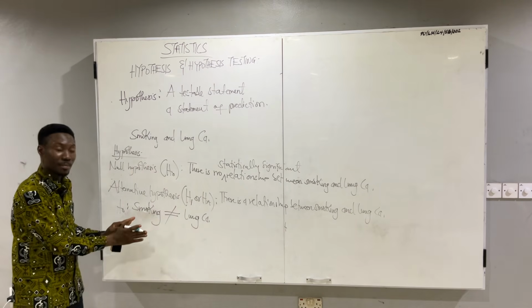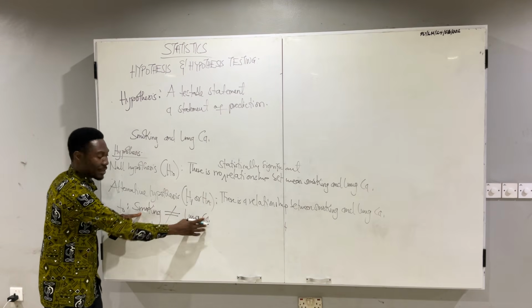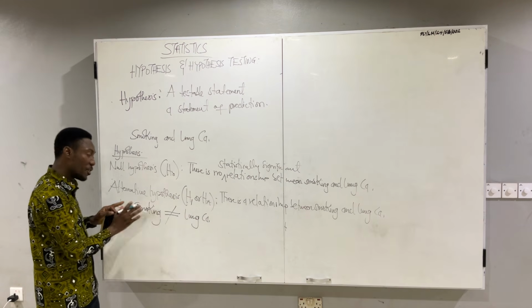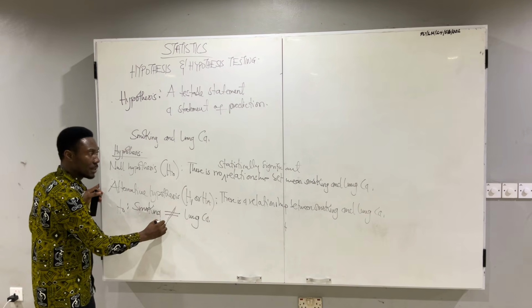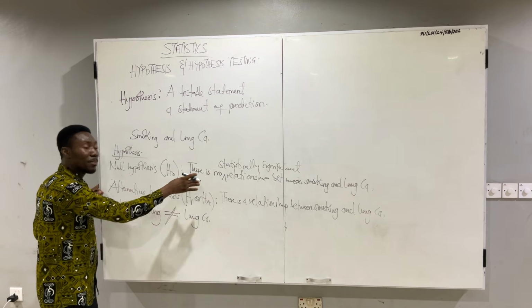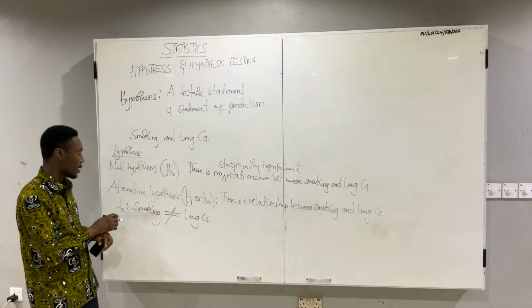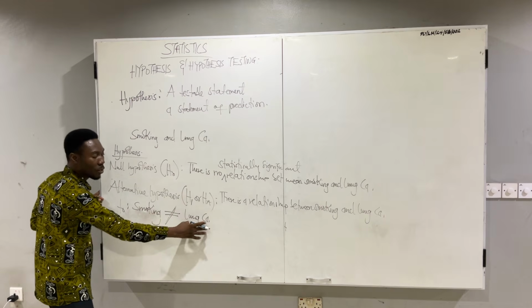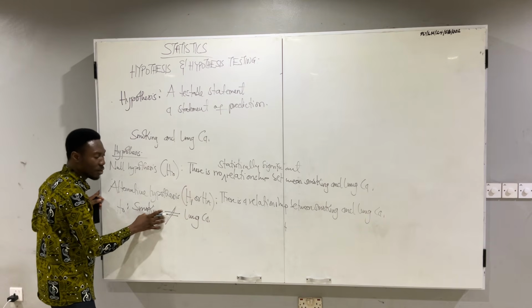So this one means smoking is not equal to lung cancer, meaning there is no relationship between smoking and lung cancer. But if you are using this equation, be very careful. If you don't cancel it, you've not written what null hypothesis actually means. You've rather written the alternative hypothesis. Okay, so when you write H0, smoking is not equal to lung cancer, this also means there is no relationship between smoking and lung cancer.